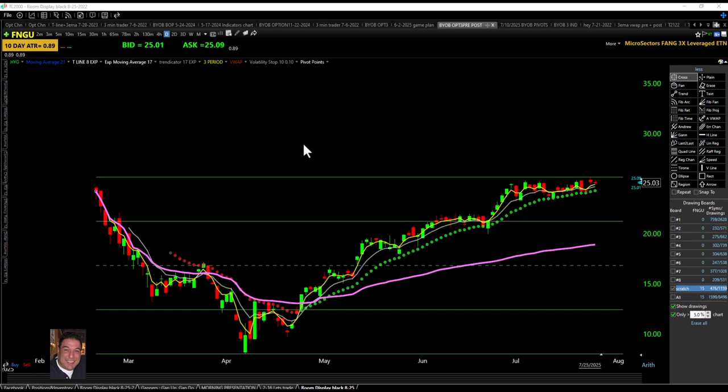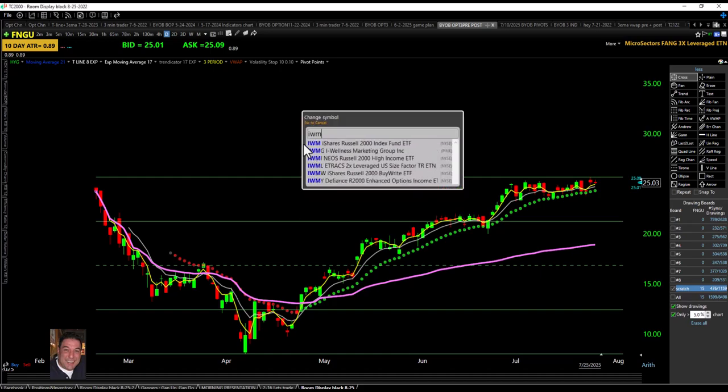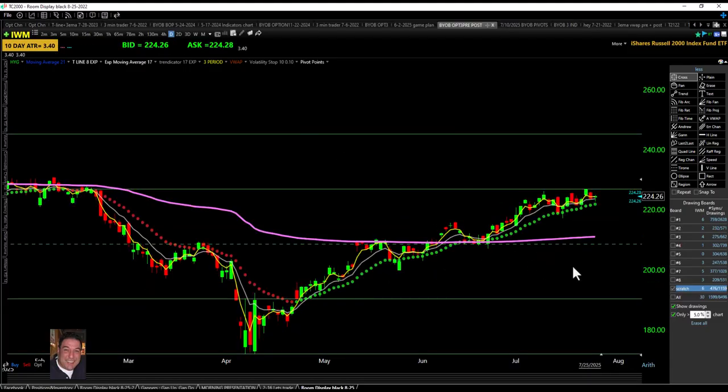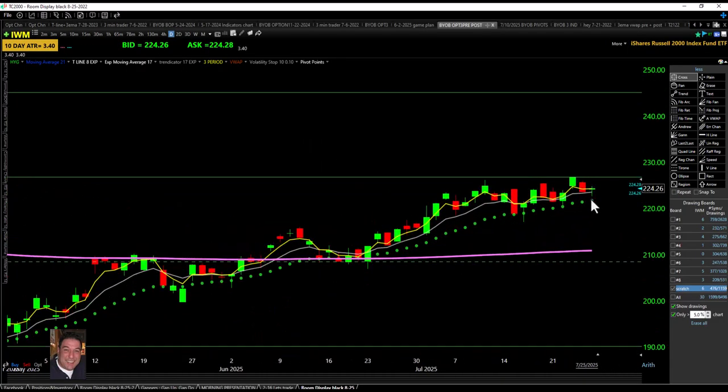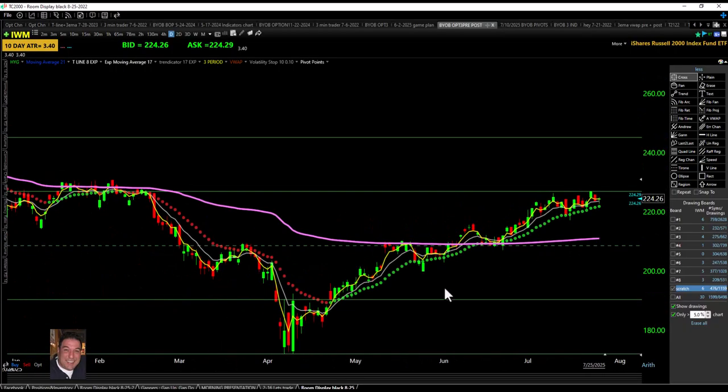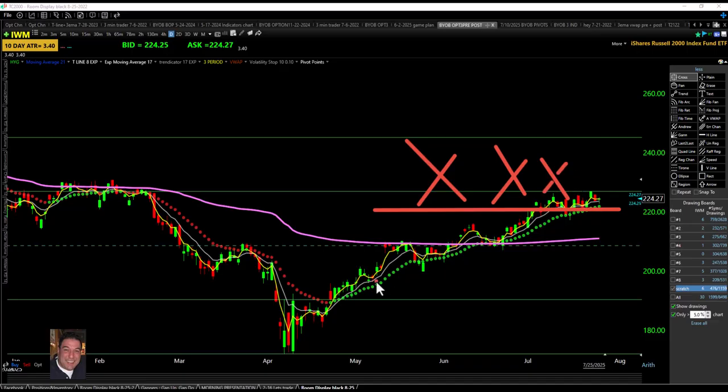Let's take a look at IWM. IWM puts in a lower high, lower low, closing inside a bullish trap over the 17 up here in the upper third. In the upper third, that's bullish. Anywhere up here is bullish. Down here in the lower third is bearish.